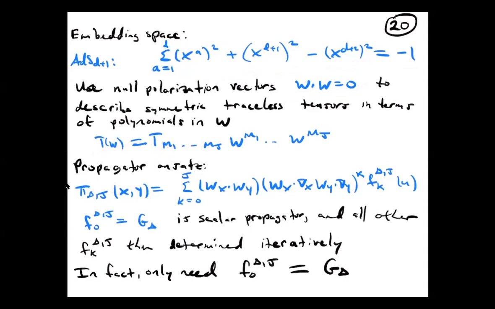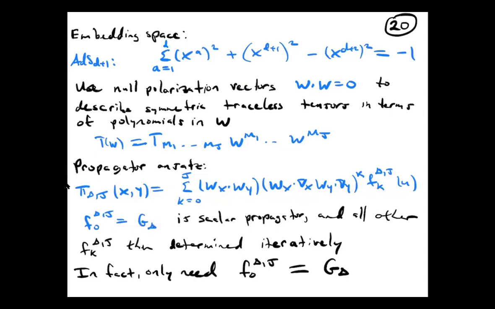Then what they did in this paper is they write down some ansatz for the propagator, in terms of a convenient basis where you have dot products of polarization vectors at the two endpoints, and then derivatives of these functions. And what they showed is that the lowest term in this expansion, the k=0 term, is in fact just the scalar propagator.